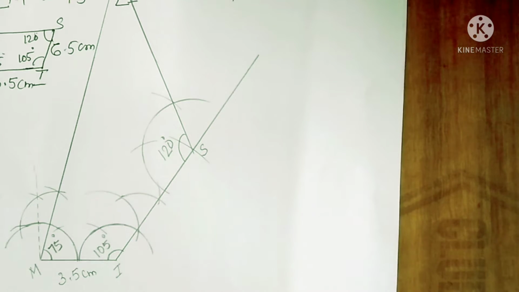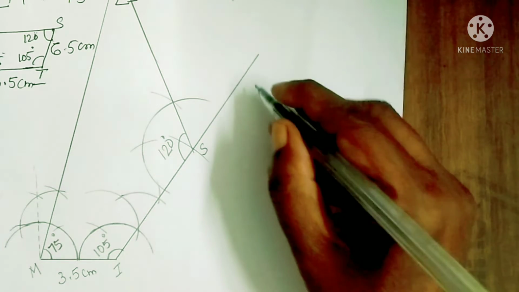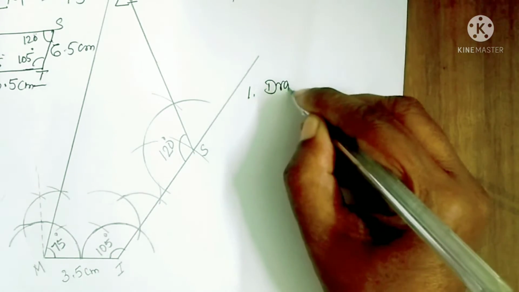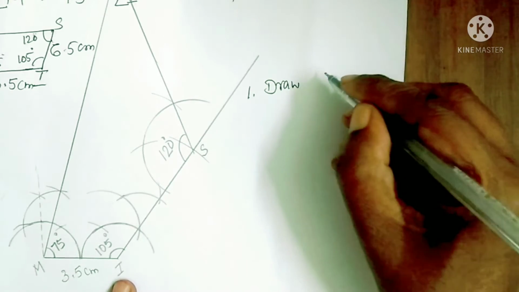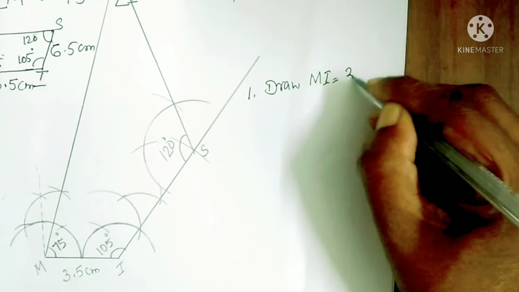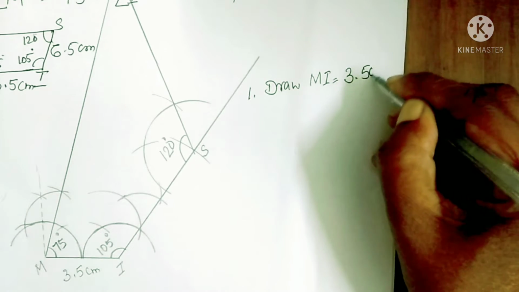Now let us write the steps of construction. What is the first step? Draw MI, 3.5 centimeters.